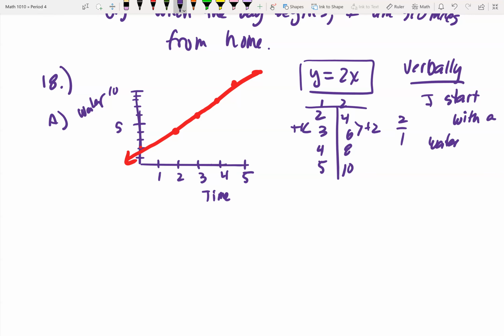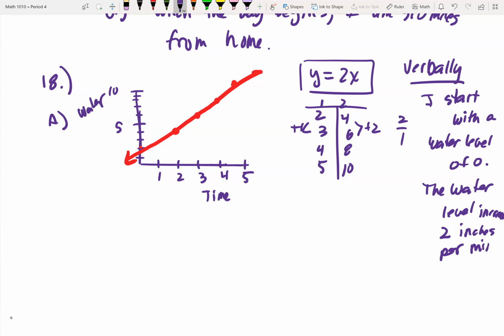So a water level of 0, and then the water level increases to, it doesn't say measurement, so I'm going to just say 2 inches, or inches per minute.